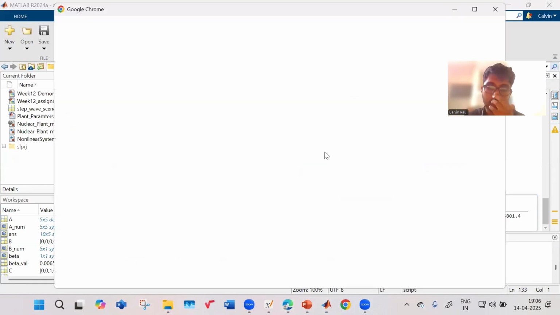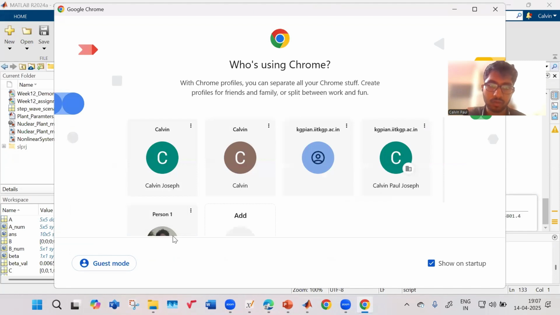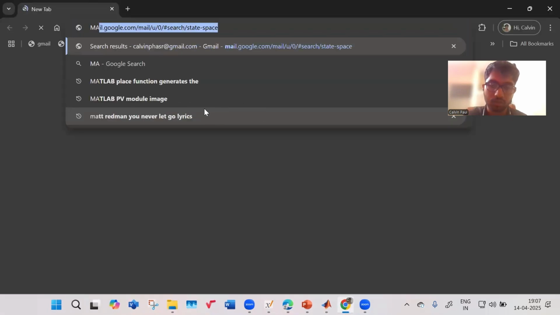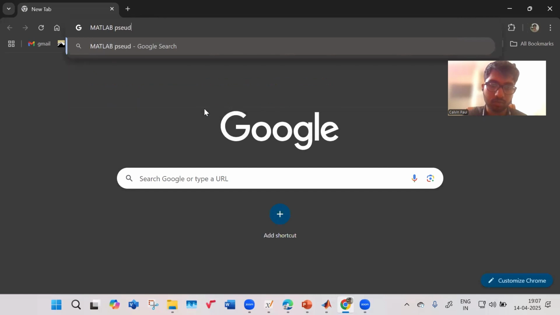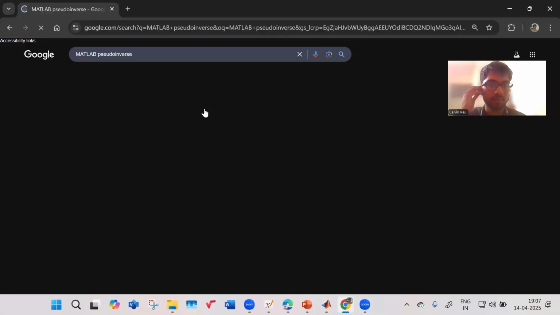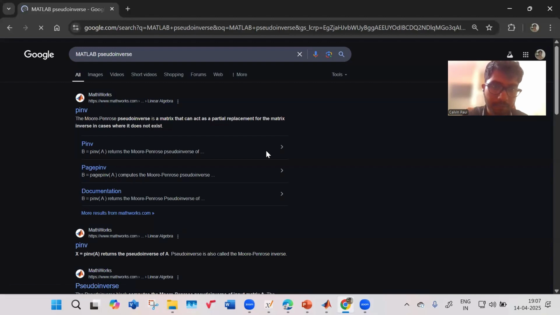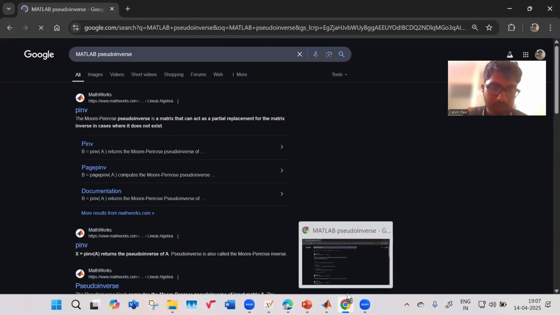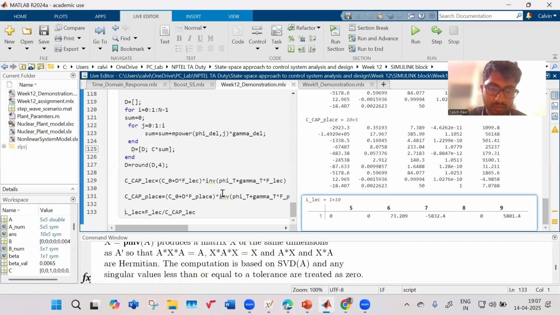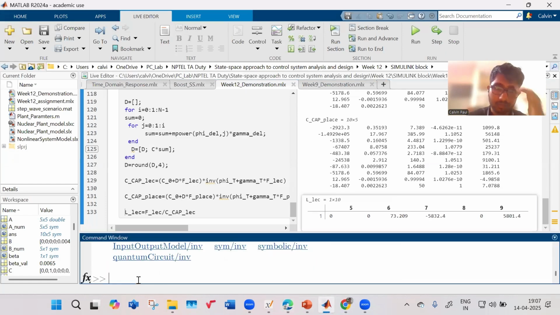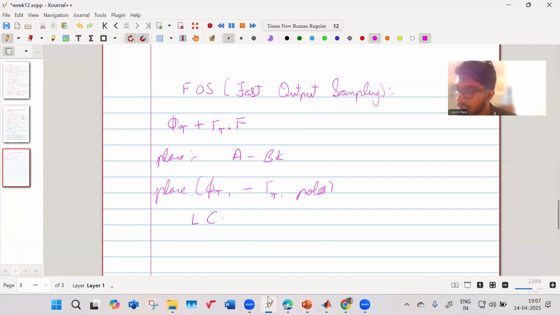Let's check pseudo inverse. Okay. P inverse. Let's try. We have LC into F. So L is P inverse C into F. Let us check this.